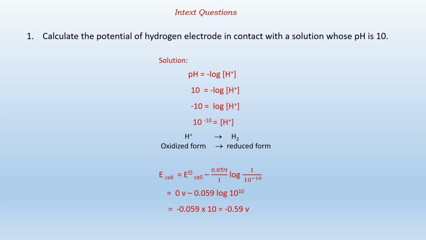So 0 minus 0.059 log of 10 power 10. The denominator, if it comes to the numerator, becomes power of plus 10. Then the power 10 comes to the front: 10 into log of 10. Log 10 value is 1. 10 into 1 is 10. 10 into minus 0.059 is minus 0.59 volts.